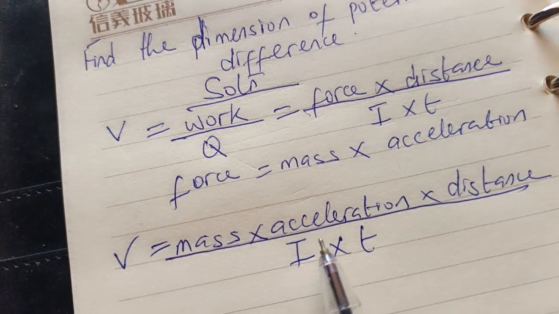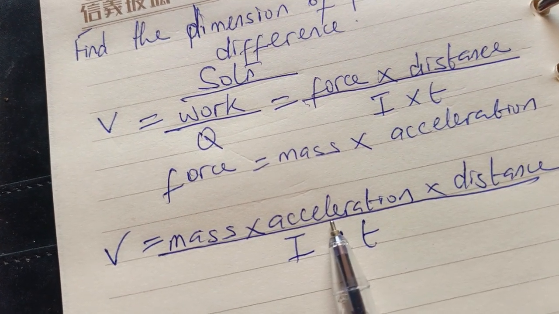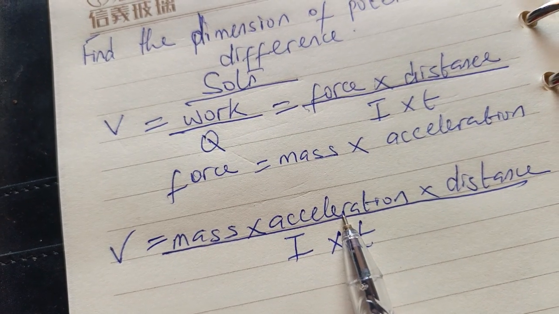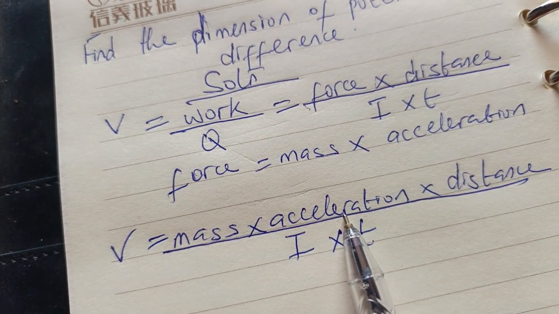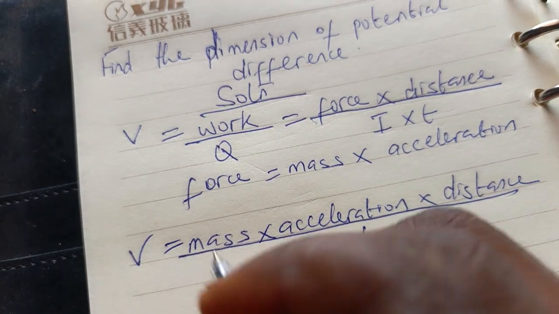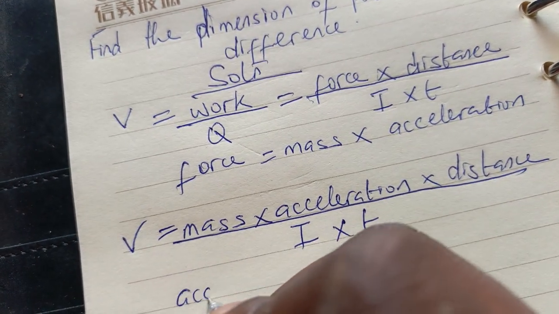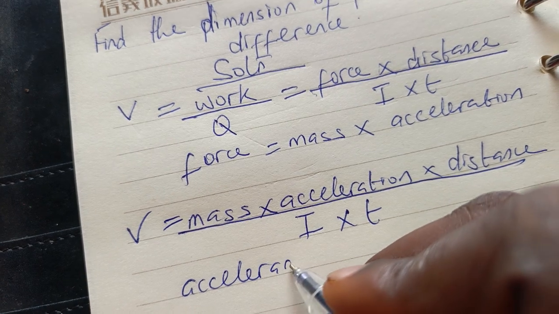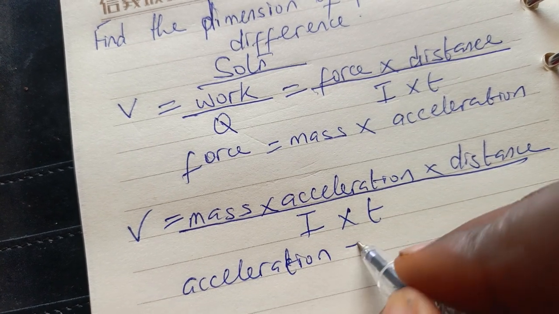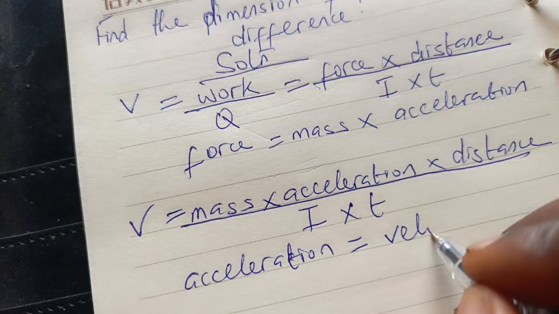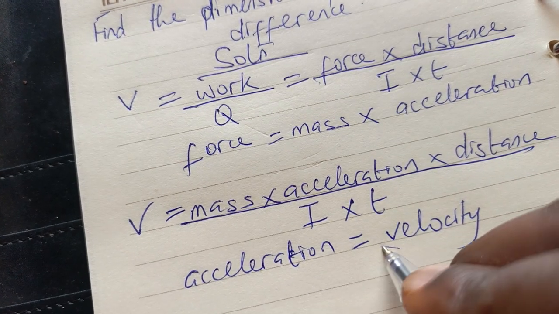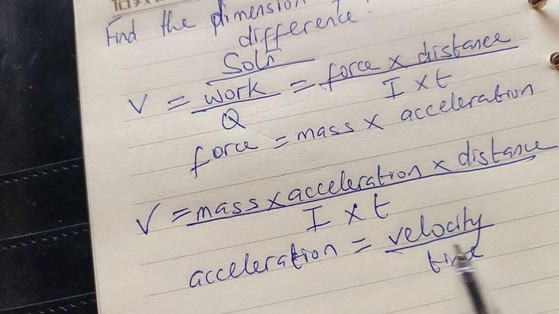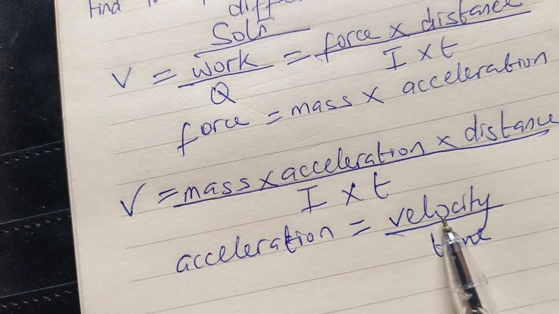Good. And here, this acceleration is quite high too. I will still bring it down. Acceleration will give us velocity divided by time. Good. So if I see acceleration, I'll put this.